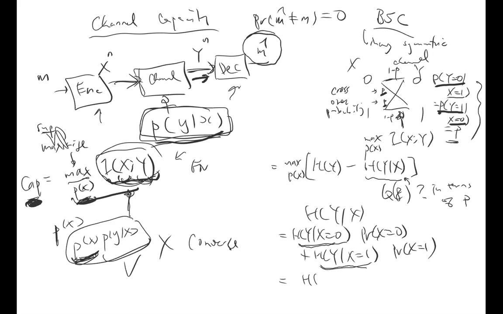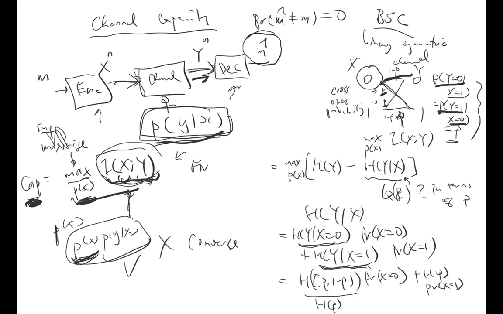So Y given X equal to 0, what's the distribution of Y? The distribution of Y is just p and 1 minus p, right? Basically, with X equal to 0, the distribution of Y is just 1 minus p and p, right? Therefore, this is just equal to H(p), or I can write shorthand, just H(p) here. Also this guy is the same, it's also H(p), times probability X equal to 1.